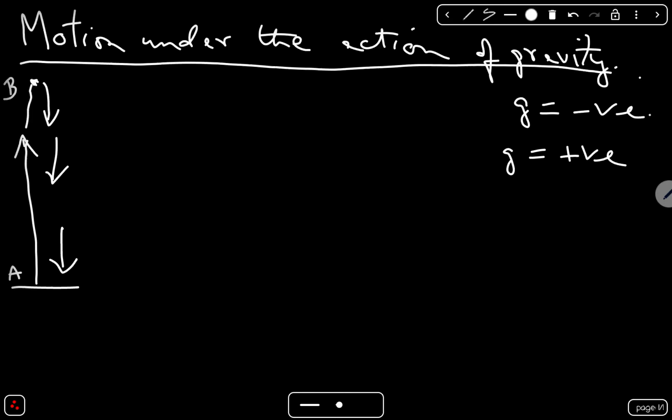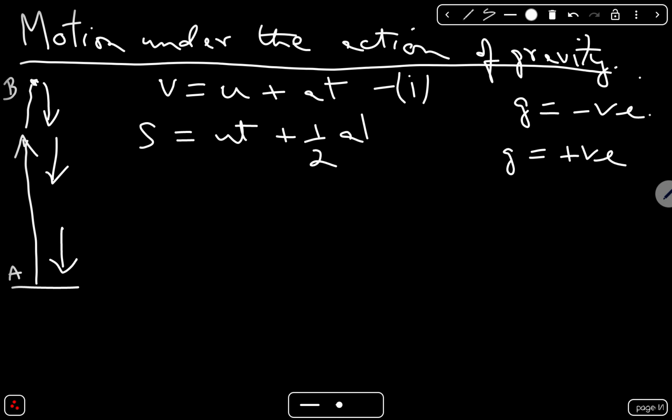And the three equations of motion we will need here. The first equation was final velocity v is equal to initial velocity u plus acceleration into time, v = u + at. The second equation was distance s is equal to ut plus half at square.